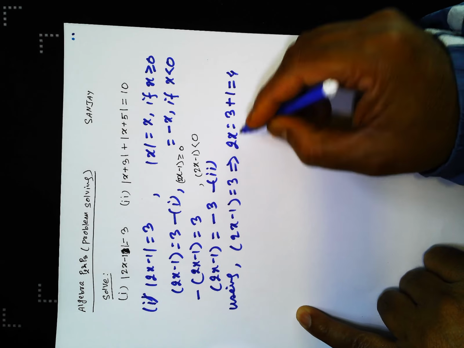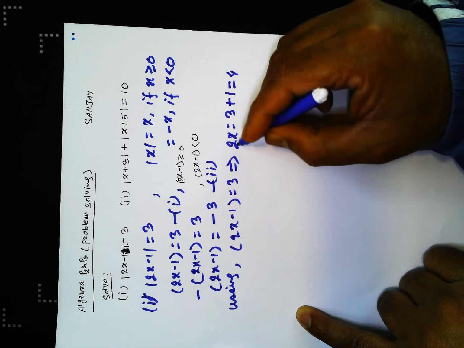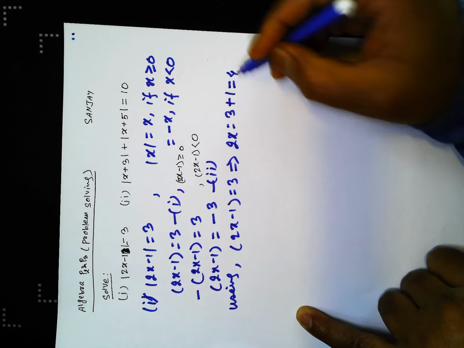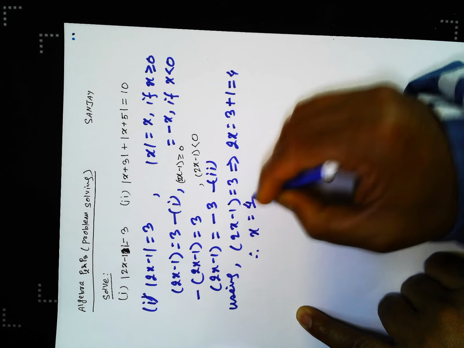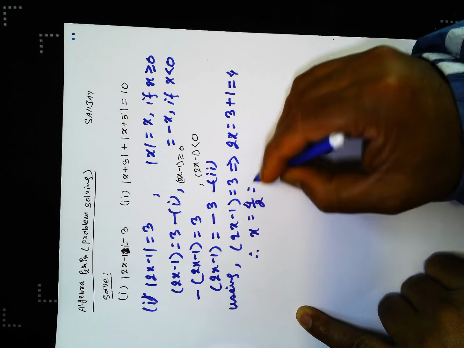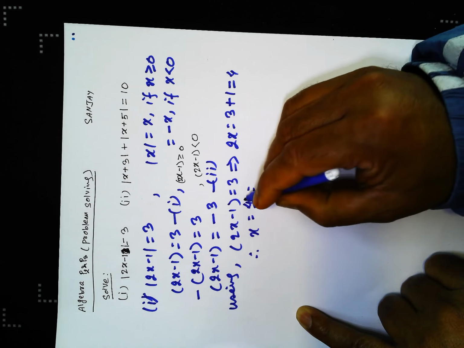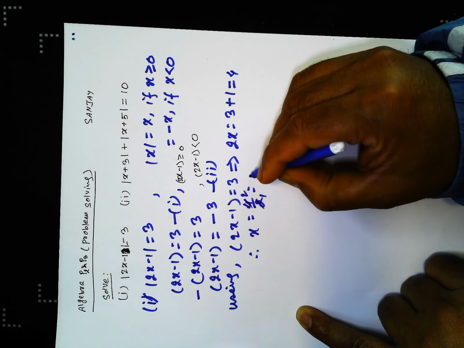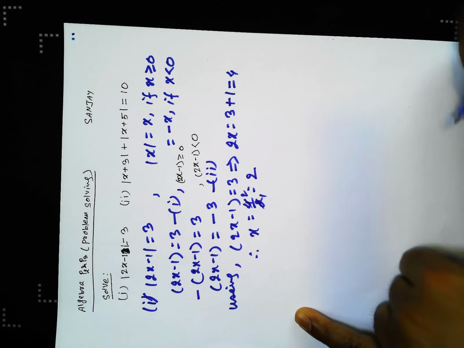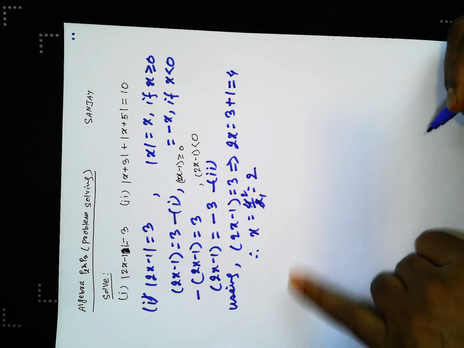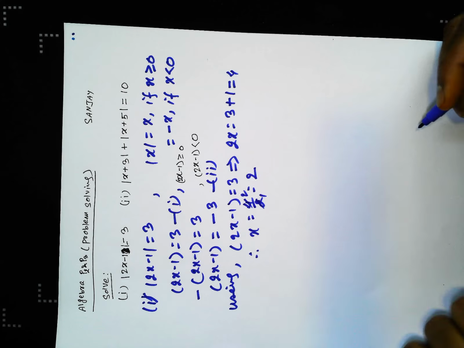If you transpose this 2 to the other side, it divides the number. So x equals 4 divided by 2, 2 cancels out 4 by 2, so finally x equals 2. So one of the solutions is x equals 2.